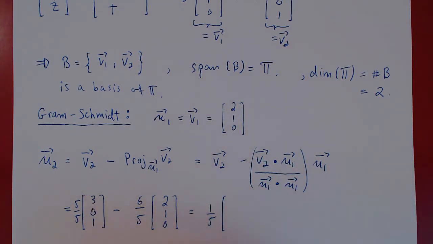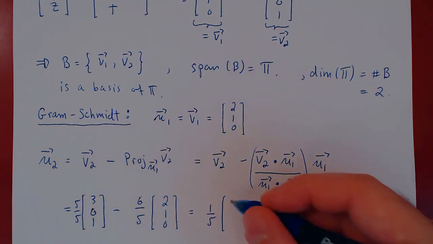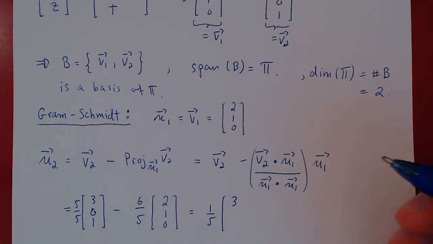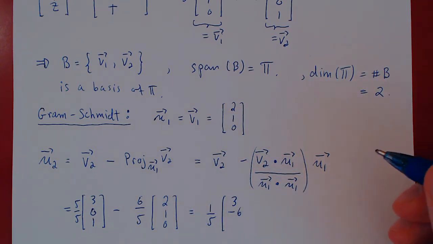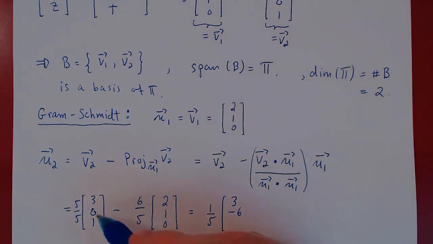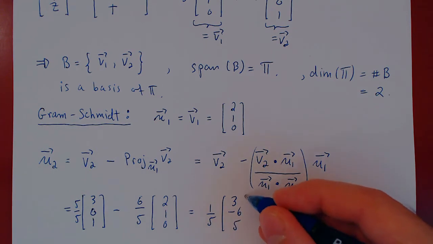You'll have 5 times 3, 15, minus 6 times 2, 12. 15 minus 12 is positive 3. 5 times 0 is 0, minus 6 times 1, minus 6. 0 minus 6, negative 6. And finally, 5 times 1, 5, minus 6 times 0, minus 0, and you get 5.